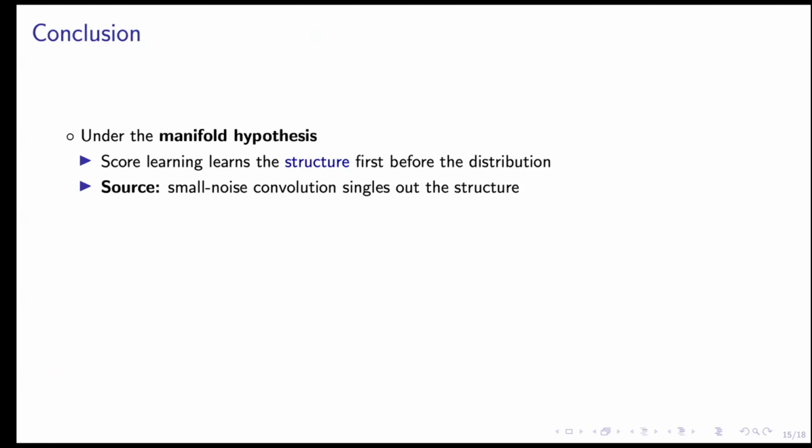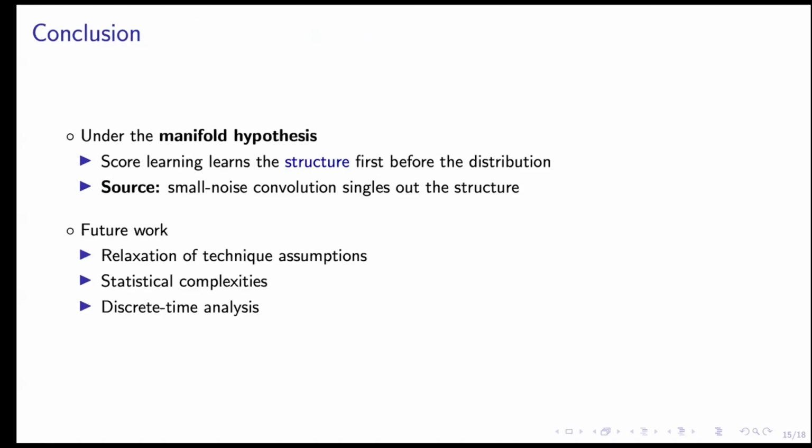This implies that in current diffusion models or score learning, people might not have learned the actual distribution, but only recovered part of the structure, only the support of the manifold. This also inspired us to design a new algorithm that targets learning the full distribution on the manifold, that is, the uniform distribution on the manifold.